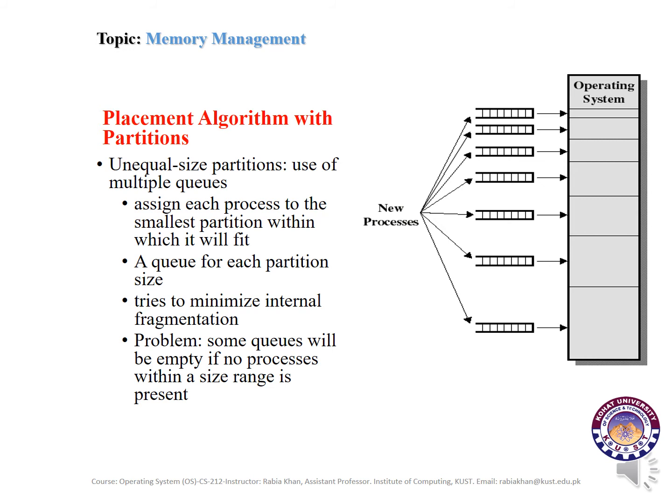If partitions are available that can accommodate a process in different queues, then instead of letting processes wait in queues, those available partitions can be utilized, but at the expense of internal fragmentation.